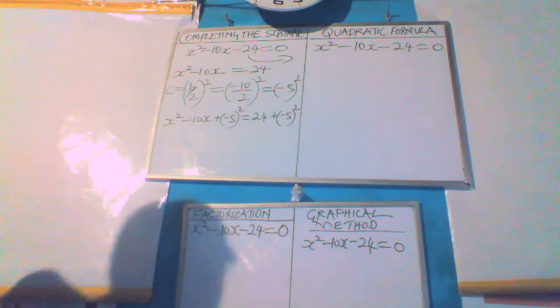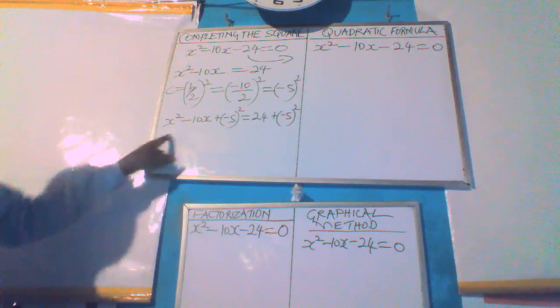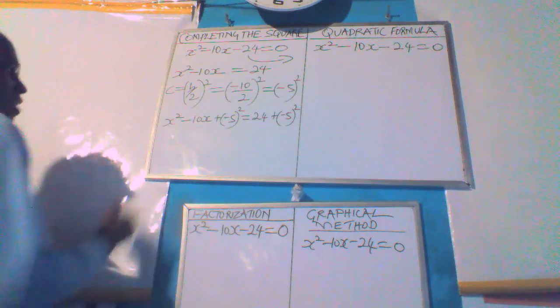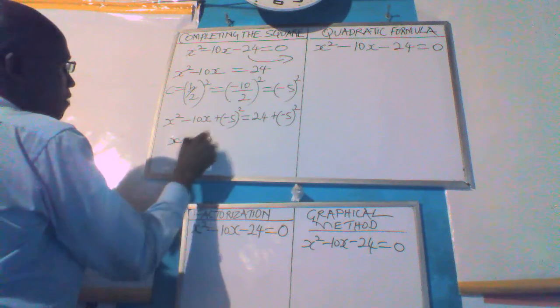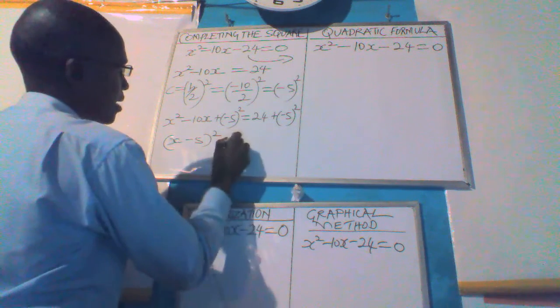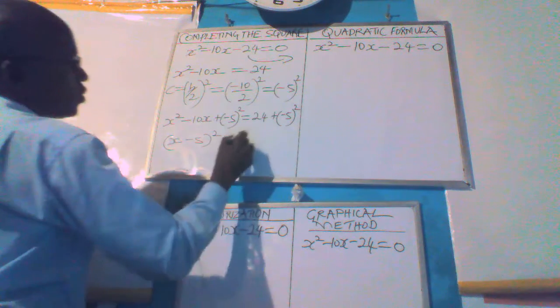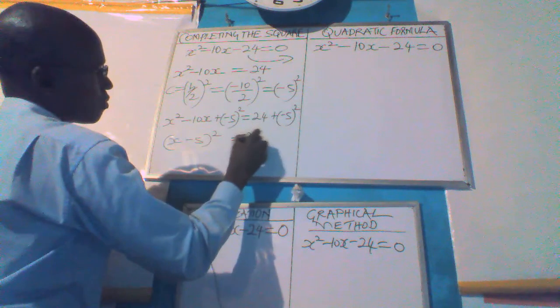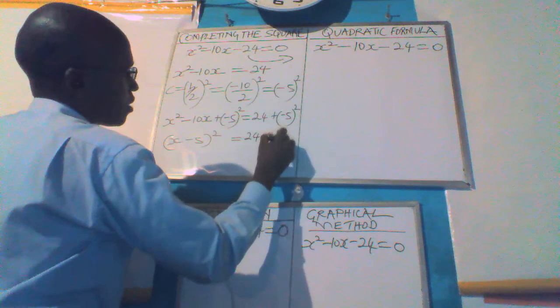Where does this lead us? We go to the next step, which is using the quadratic identity on the left hand side, which gives us (x minus 5) bracket squared, and on the right hand side it gives us 24 plus 25.